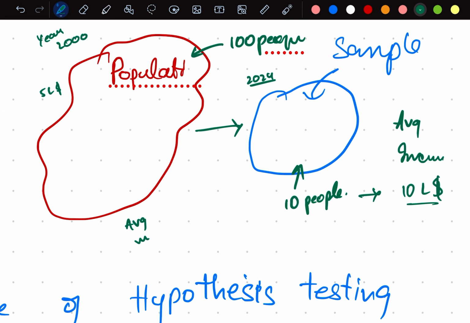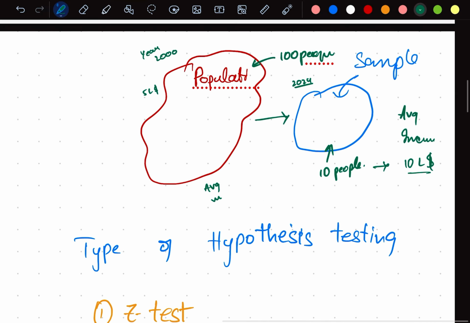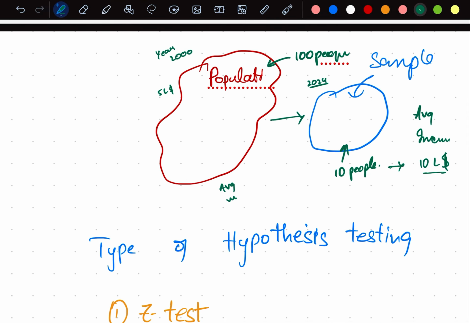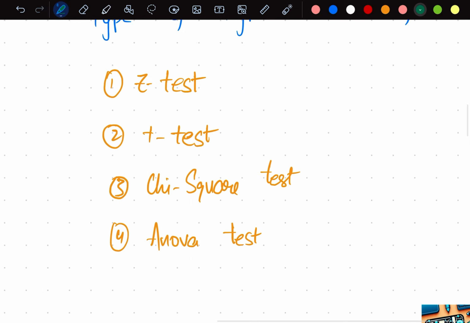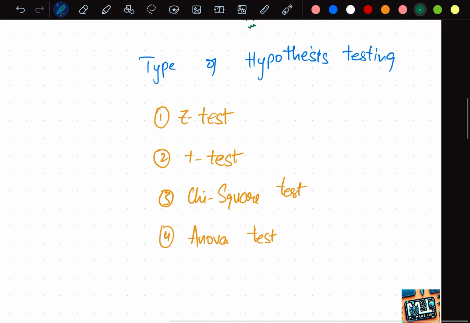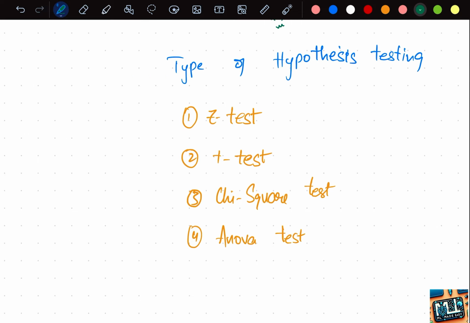That's the whole concept of statistical learning, the whole concept of hypothesis testing. In hypothesis testing, there are four different ways in which you can check whether the thing is right or wrong: Z test, T test, chi-square test, and ANOVA test. In this video, I will be talking about Z test and T test.